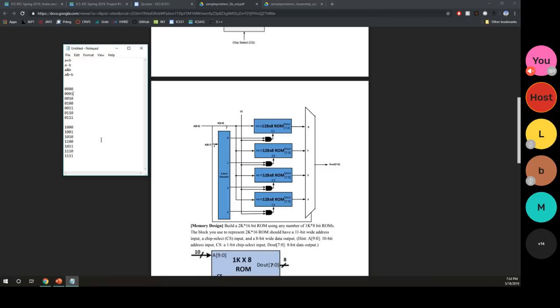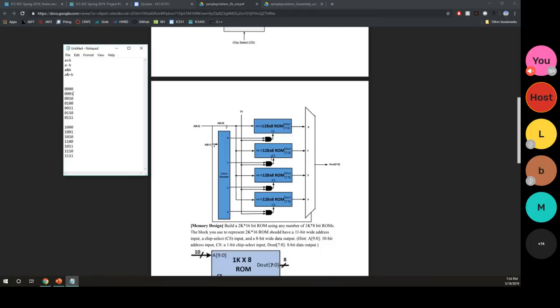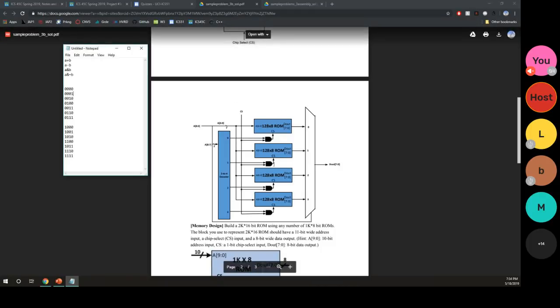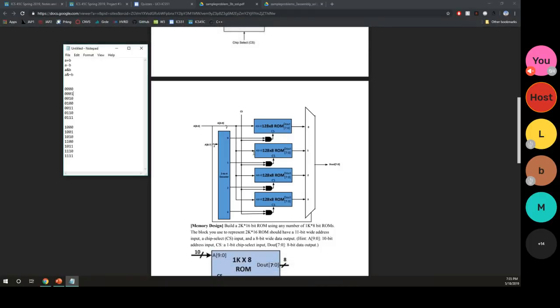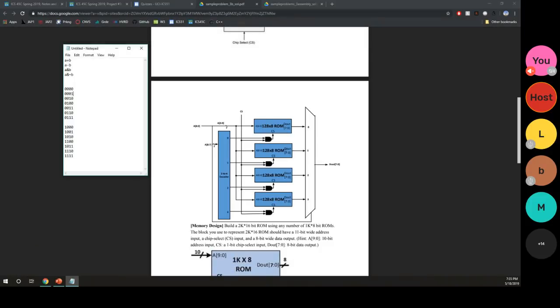Because those 2 most significant bits will each be either 0 or 1, which means we have 2 to the 2 options, which is 4. And because we have those 4 options, we also have to have 4 different ROMs. And because we want 512, we want 4 anyway, since 128 times 4 is 512.